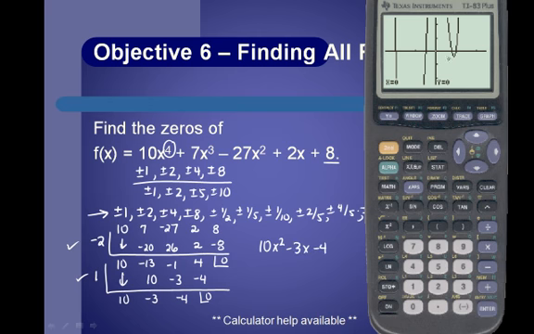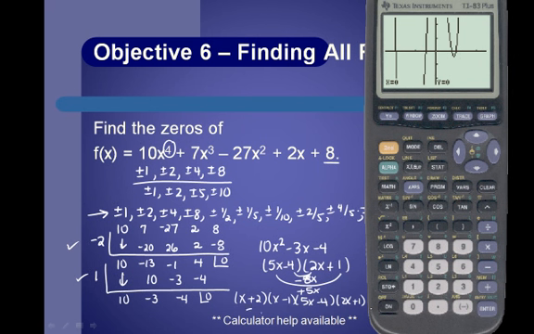Now these other 2 zeros look like they are not nice integers. So what we can try to do is factor this. So our factored form would be x plus 2, x minus 1, 5x minus 4, and 2x plus 1.